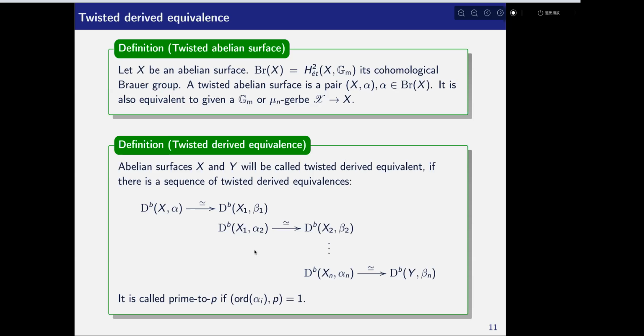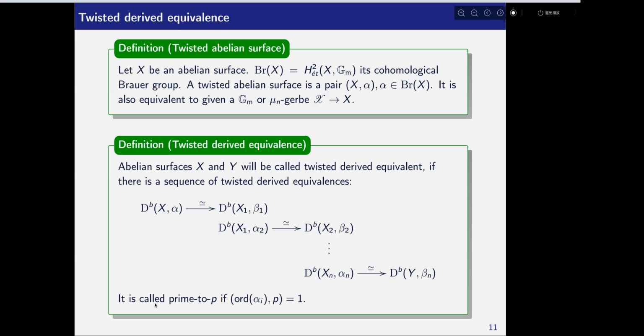And here I can explain what is called the prime-to-p twisted derived equivalence. Look at this diagram, starting with some X, alpha and going to some X_1, beta_1, and then there's some alpha_2 going to X_2, beta_2, and so on.